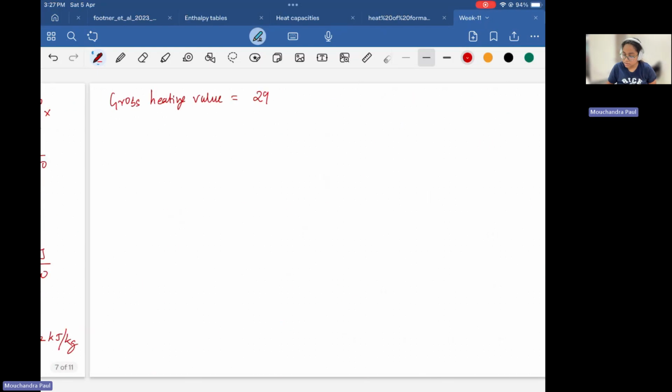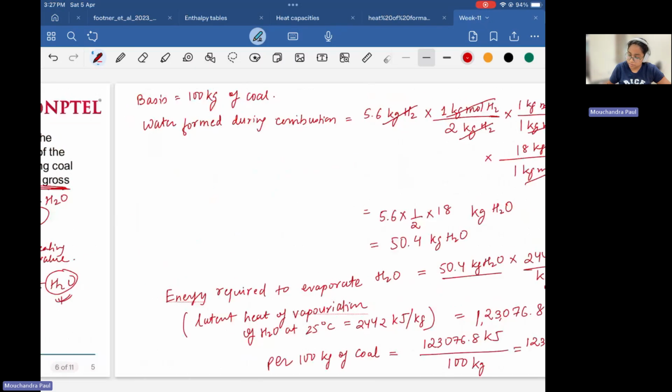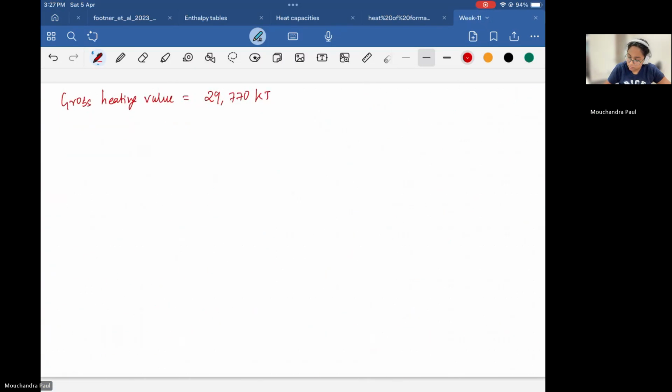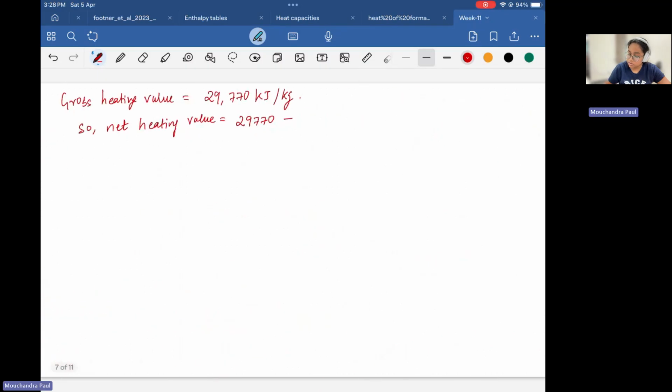$29,770 kilojoule per kg. So net heating value will be 29770 minus 1230.77.